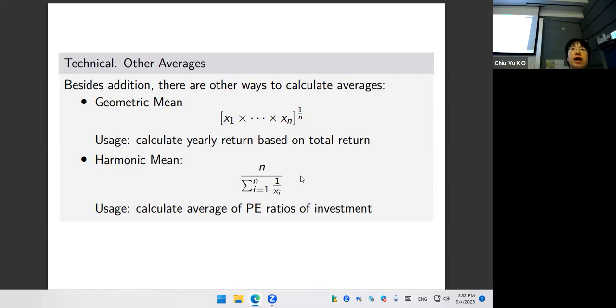And when you calculate the PE ratio for an investment, it's the harmonic mean. Suppose you invest in this stock and this stock, then the harmonic mean matters. But anyway, I'm not going to talk about those. Just keep in mind that you have different means, and different means require different techniques. But as an introductory class, we just focus on the simplest mean.